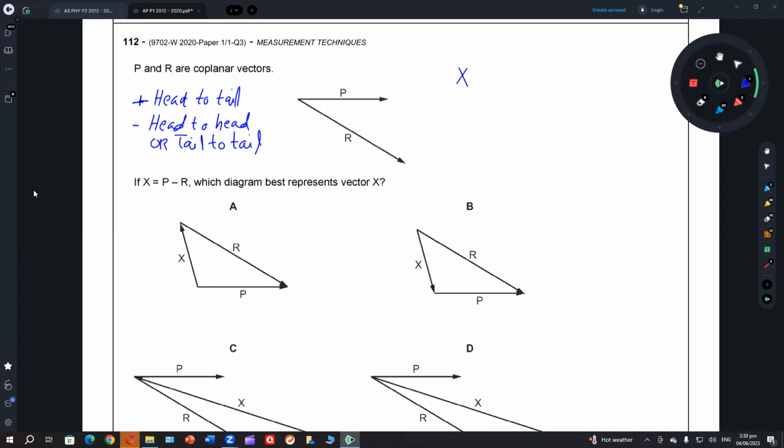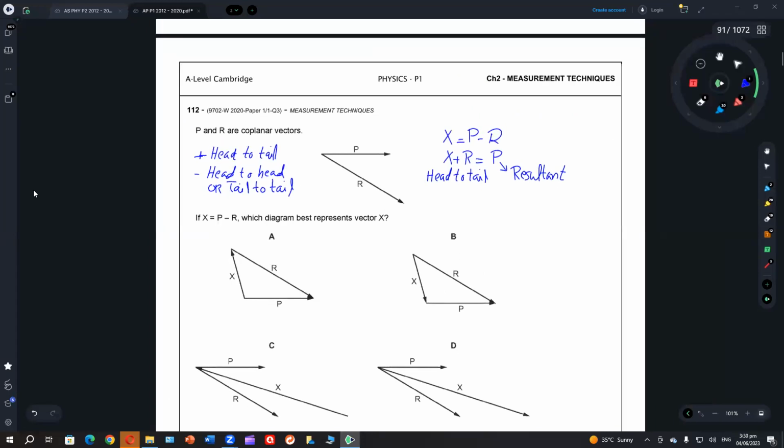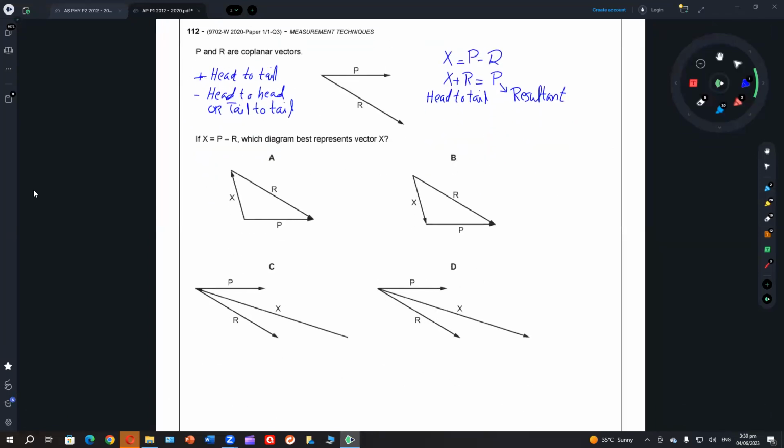Another way of solving this type of question, like now you see that it shows the two options. Now you have to see the options here, which will follow the diagram here.